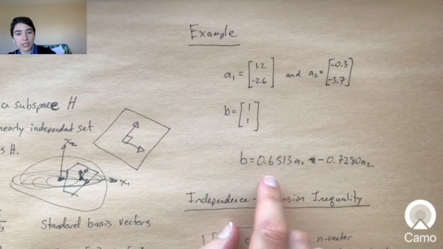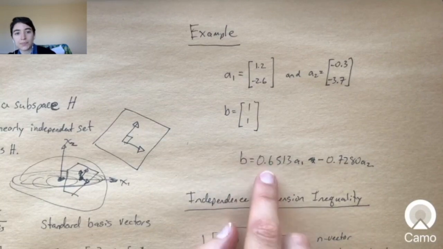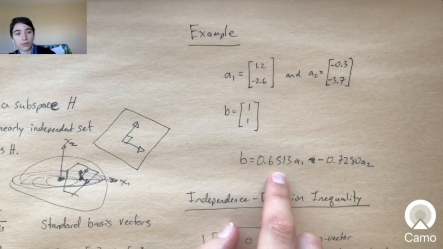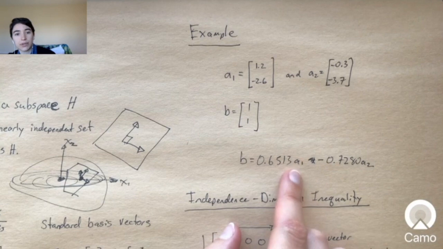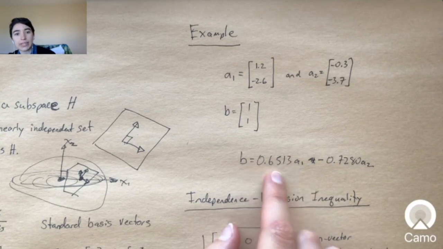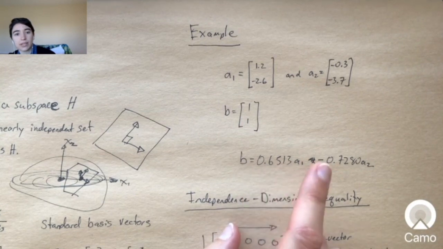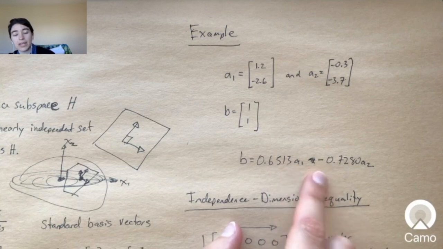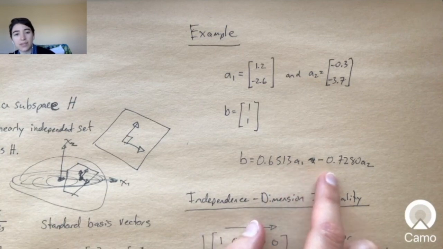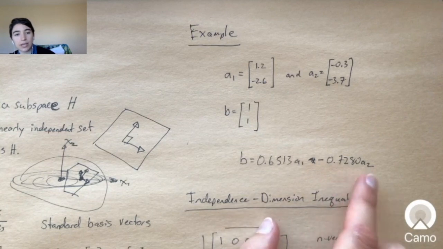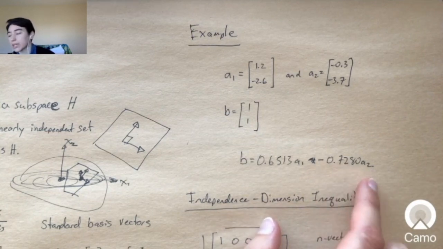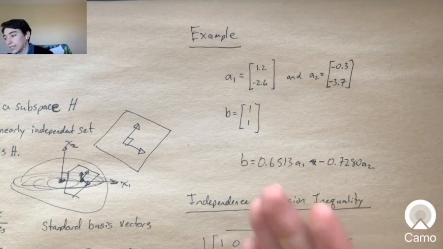Well, if we want to get to B11 from the origin in our initial reference system, we have to traverse 0.651 A1, and then we have to traverse negative 0.7280 of A2, in order to get to 1, 1.